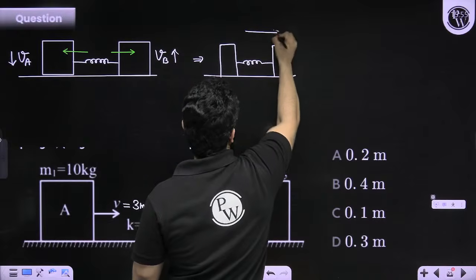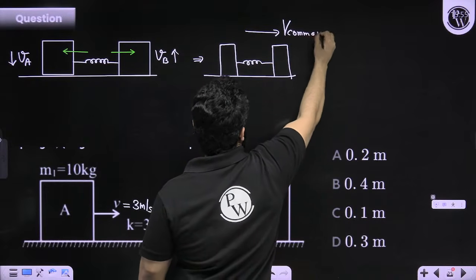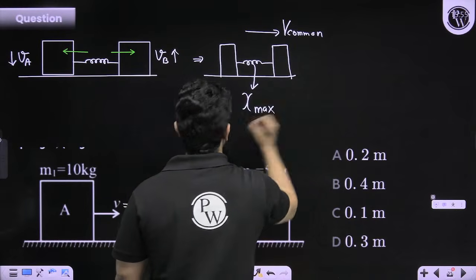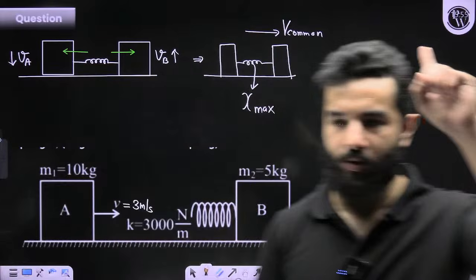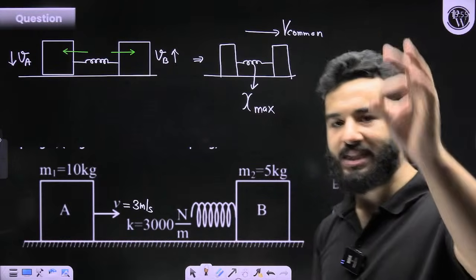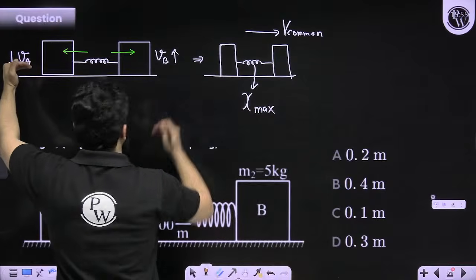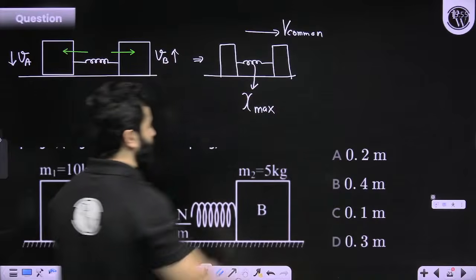At that point, the compression is maximum. You have to remember this. Initially this decreases and this increases, at a point they become the same, and at that point the compression becomes maximum.